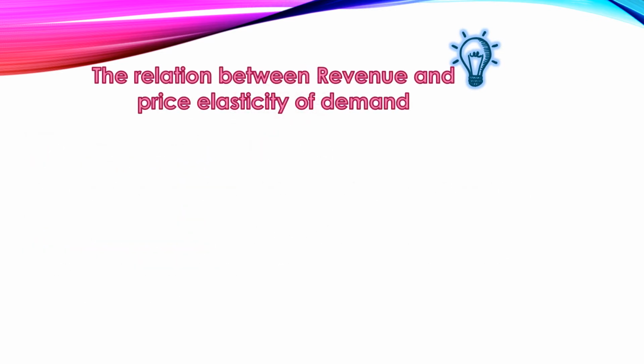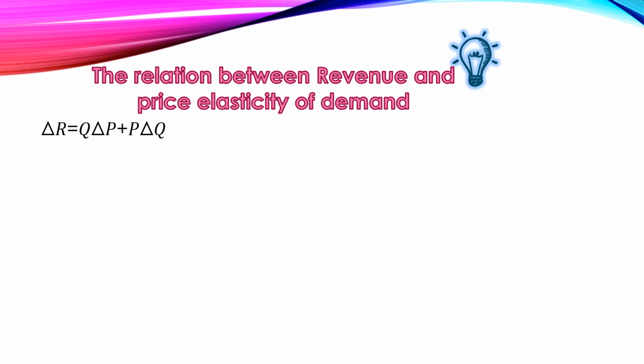We will derive the relation between revenue and the price elasticity of demand. Change in revenue equals quantity times change in price, which represents the direct effect, plus price times change in quantity, which represents the indirect effect.